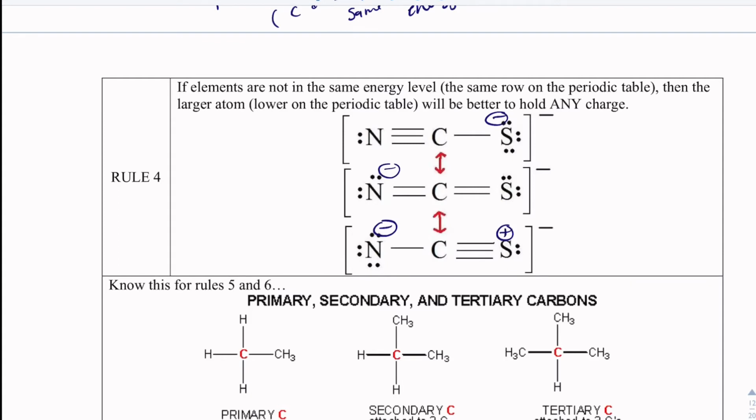This is -2, actually, -2, which is very rare. You almost never see that. This would be the best because the negative is put on the largest atom, okay? So you'll typically see a sulfur or a chlorine or something like that that's not in the second energy level when something like that comes up.